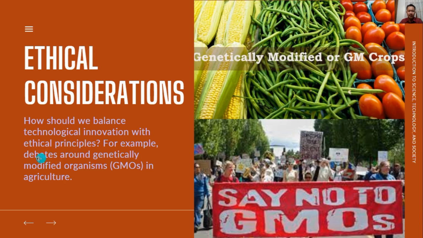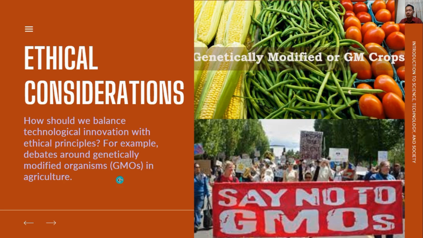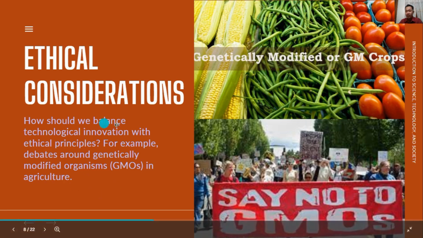For example, debates around genetically modified organisms in agriculture. Before, I used to plant GMO corn, but when I discovered that somehow it's controversial, I decided not to cultivate it anymore for reasons of ethical consideration.